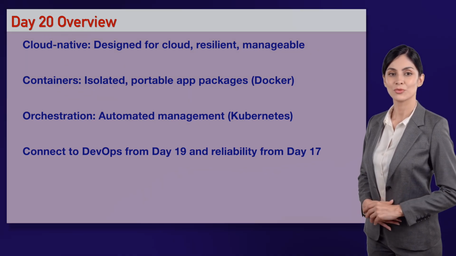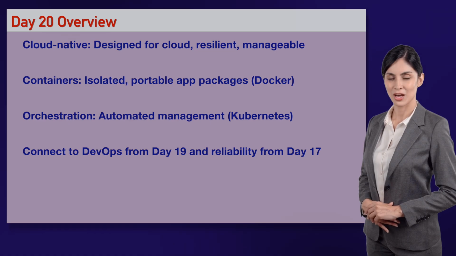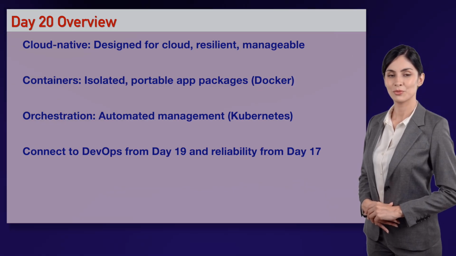Then, orchestration with Kubernetes for automating deployment, scaling, and operations of containerized apps. These concepts connect to Day 19's DevOps by extending CI/CD into cloud deployments and Day 17's reliability through built-in fault tolerance and redundancy features.